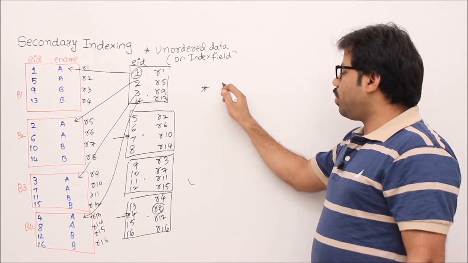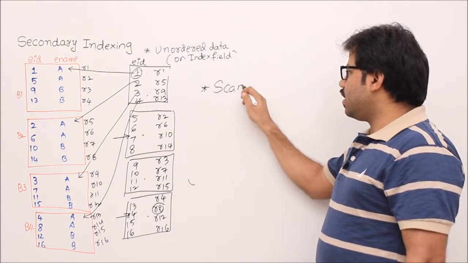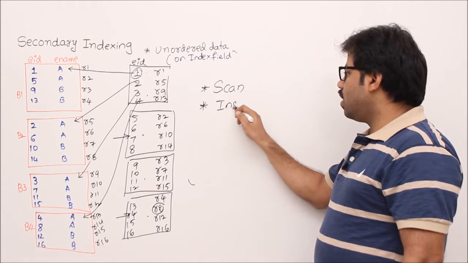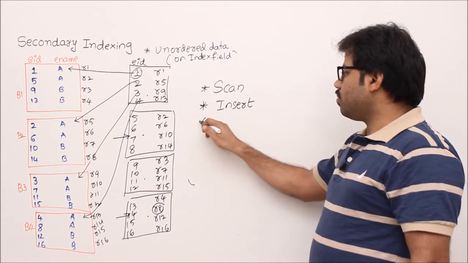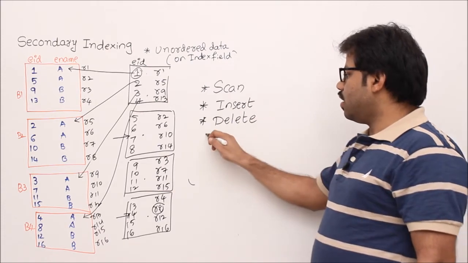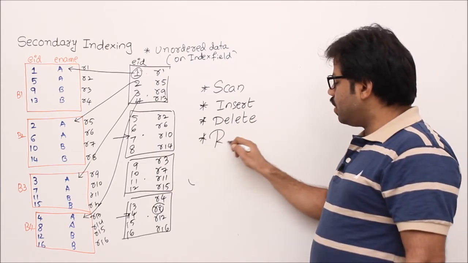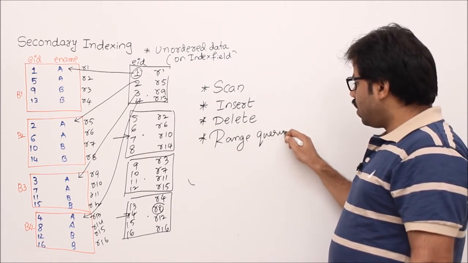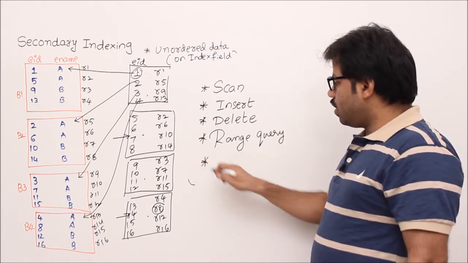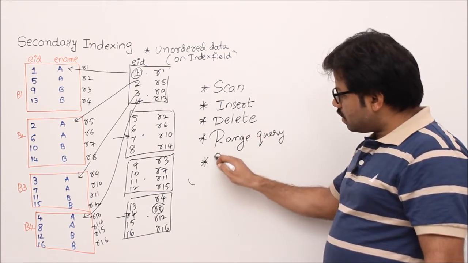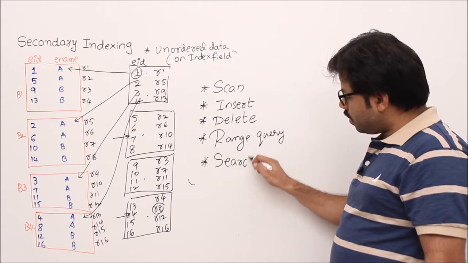Already I told you the major operations people do: they scan the table, and probably sometimes they insert some data and delete some data, right? So insert, delete, scan, and range queries they do. So scan, insert, delete, range query. One more thing is search with equality.